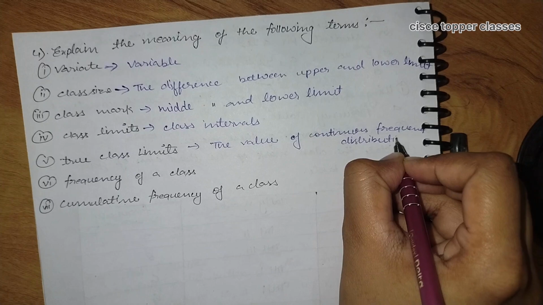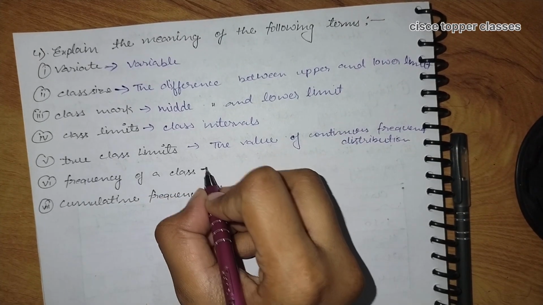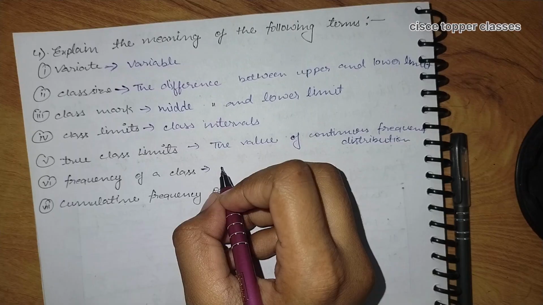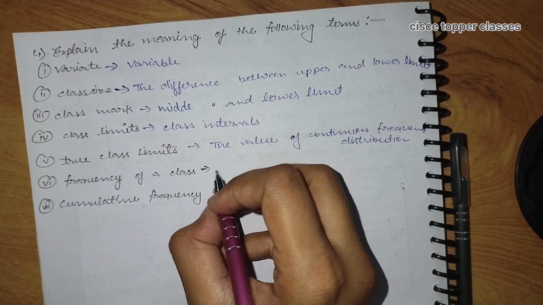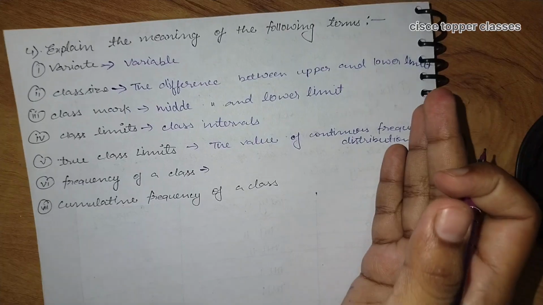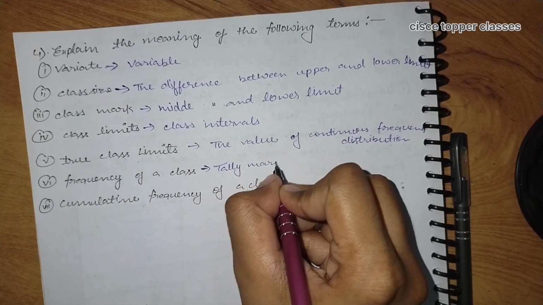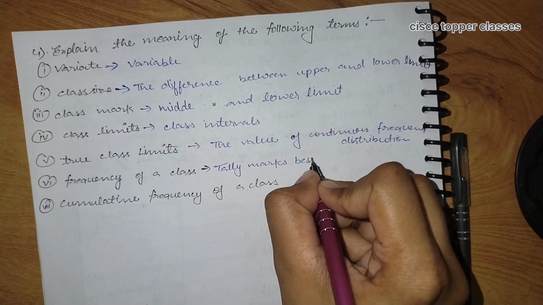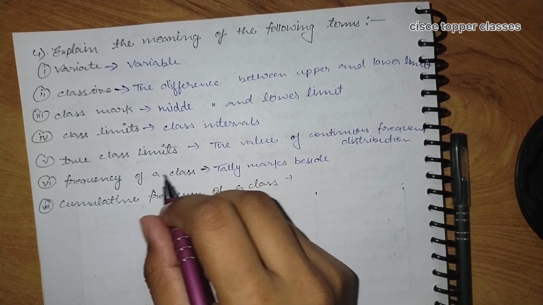If we want to write the sixth part, this is frequency of a class. So frequency of a class we can write as the values which are written after tally marks. Tally marks also we can write, but beside them we write the frequency, or the number of times an observation appeared.